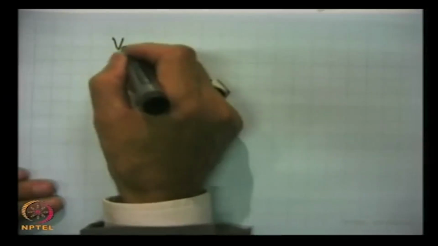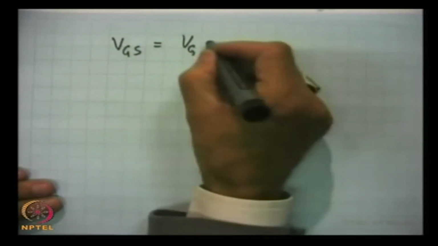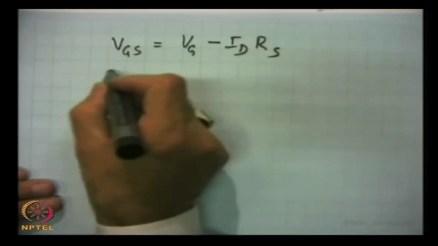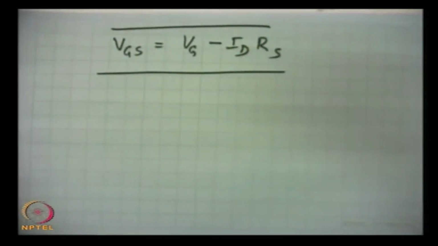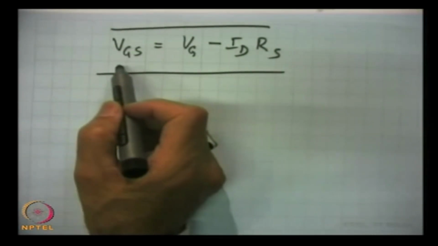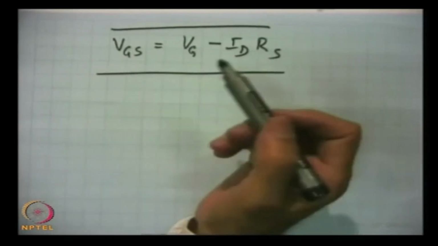VGS is equal to Vg minus ID Rs. This is the fundamental equation, and this clearly shows that VGS, the gate source voltage, can be obtained either negative or positive.